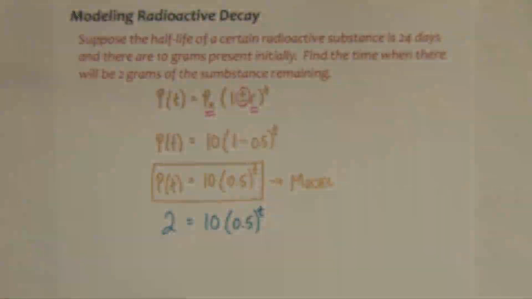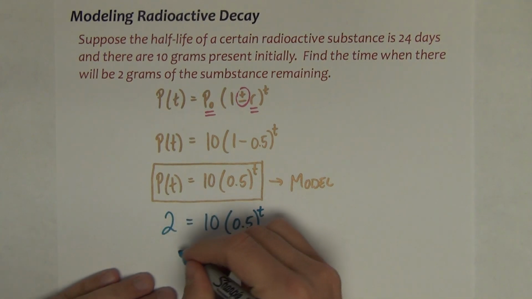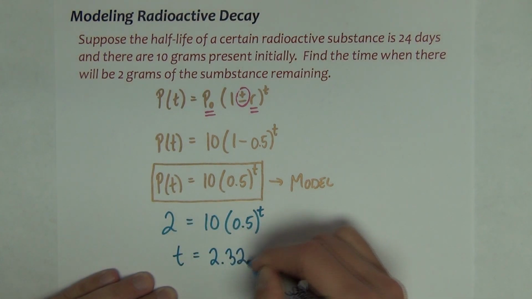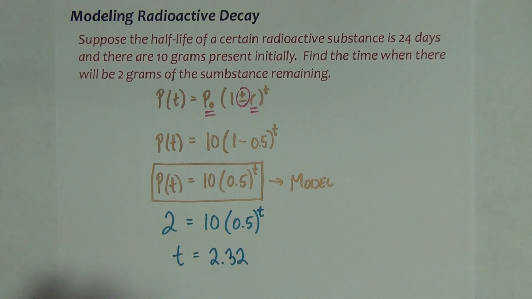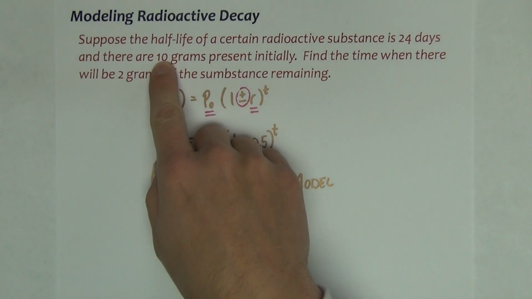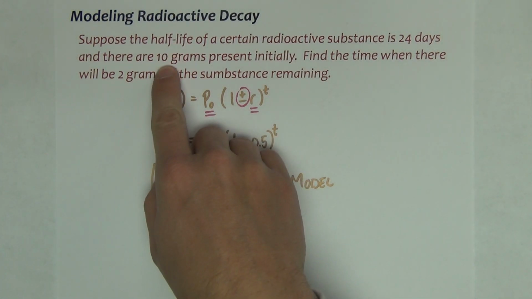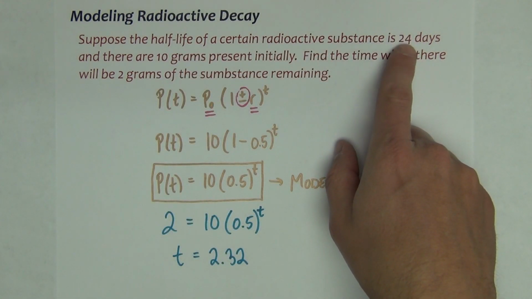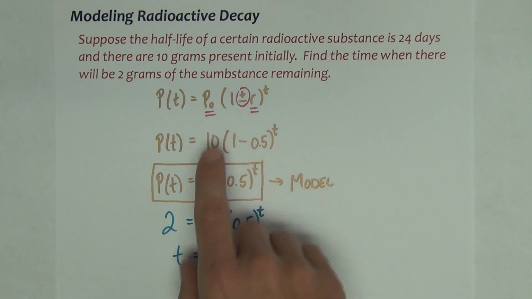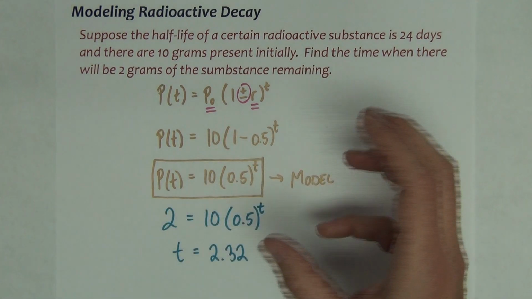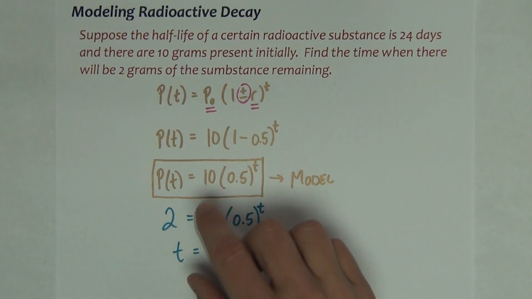Okay, so we can say t is 2.32. Now let's think about units here. What did we just actually find? If half of this 10 grams is present every 24 days, then after 24 days there would have been 5 grams left, and after another 24 days, there would have been 2.5.